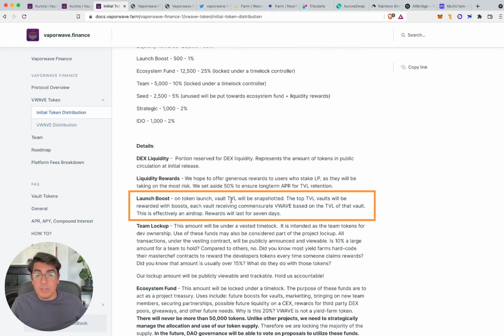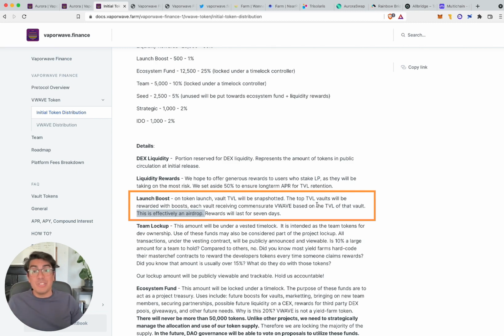Vault total value locked, TVL, will be snapshotted. The top TVL vaults will be rewarded with boosts, each vault receiving commensurate VWAVE based on the TVL of that vault. This is effectively an airdrop. I repeat, this is effectively an airdrop.